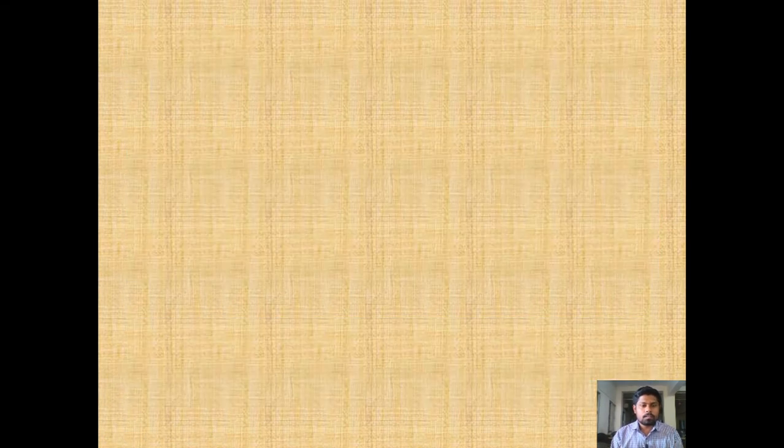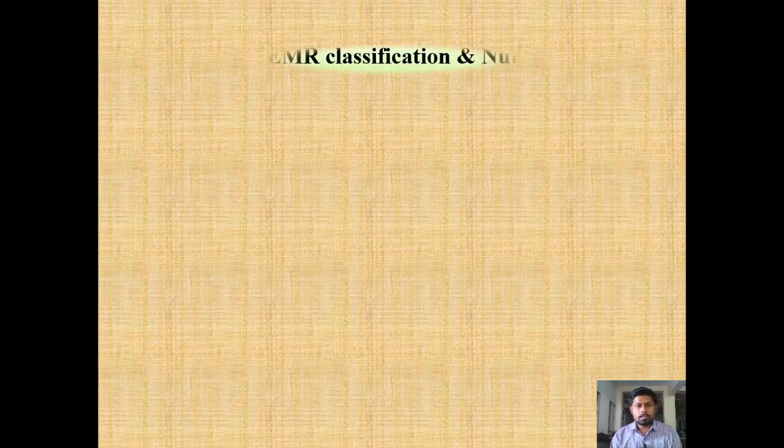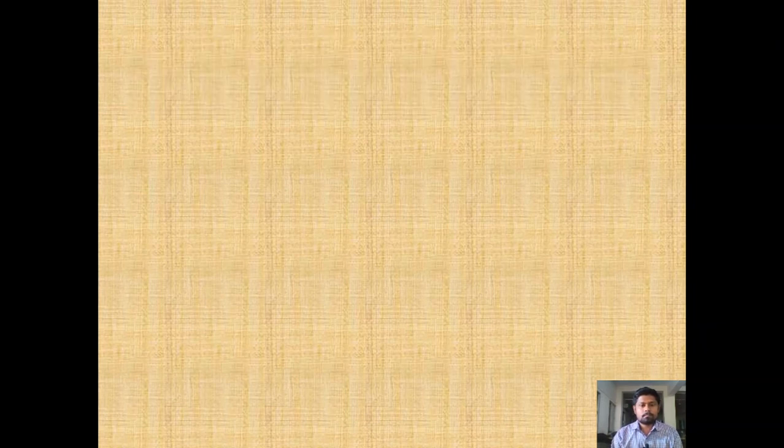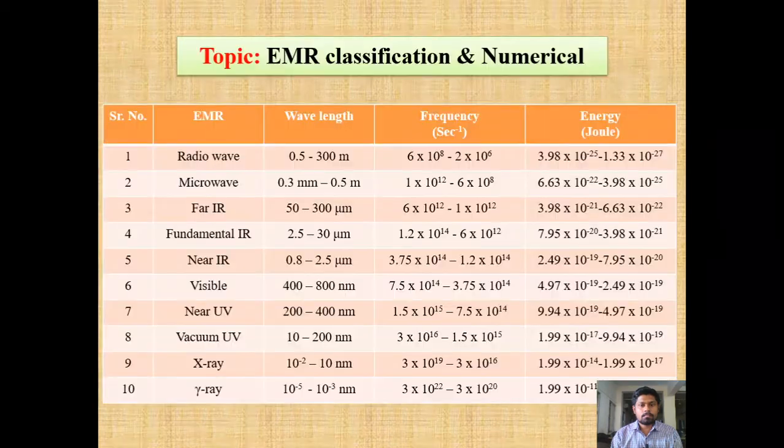I already solved that for you. Here is your table. If you want to cross check it, you can utilize any value and put it in the equation. You get all these data.